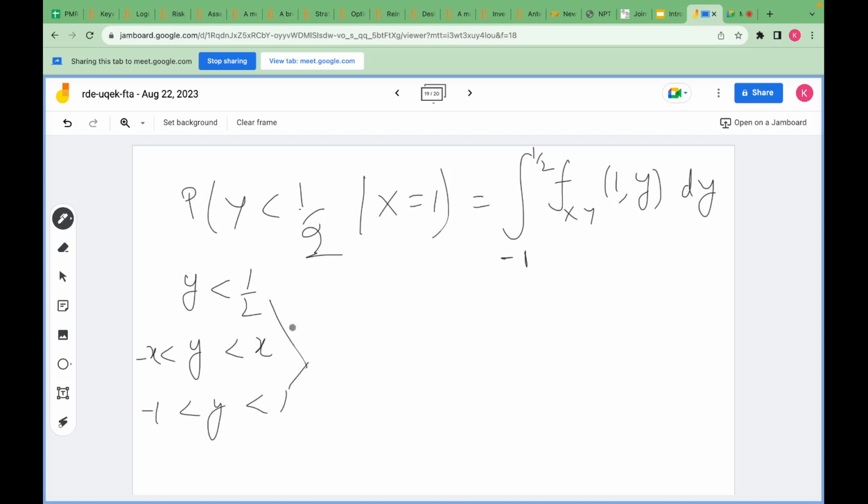So the intersection of these two will give the range for y from -1 to 1 by 2. So the numerator will be -1 to 1 by 2, but for the denominator, where we want x equal to 1, only this will be valid.